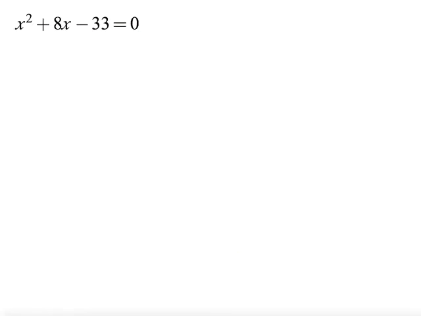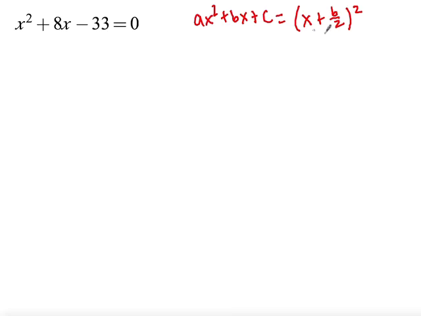On the next one, I've got x squared plus 8x minus 33 equals 0. So remember that in the end, I want to end up with something that looks like ax squared plus bx plus c equals x plus b over 2 squared.